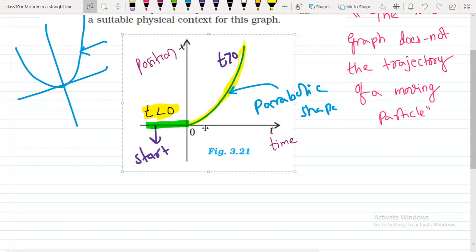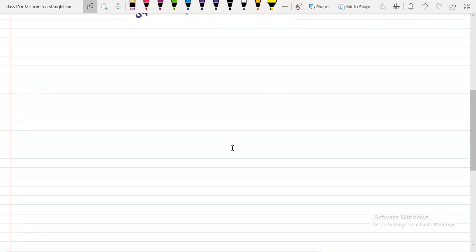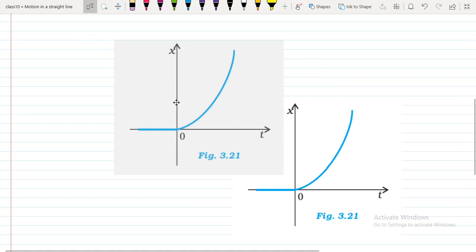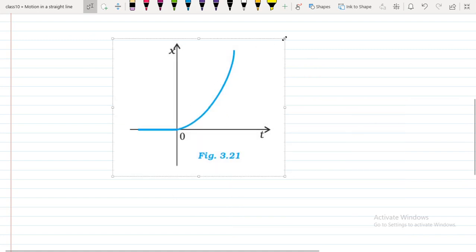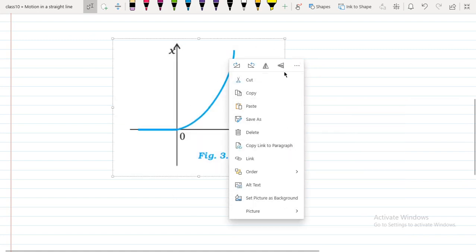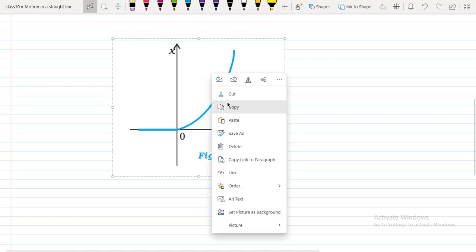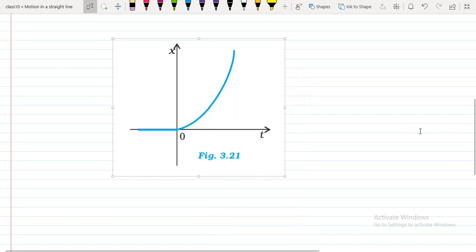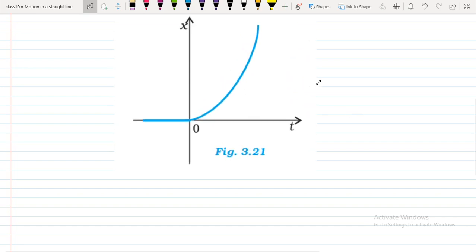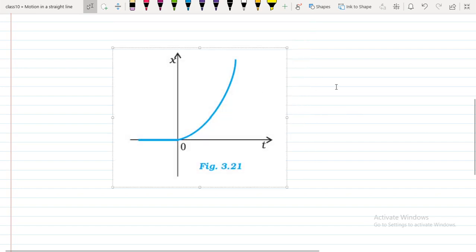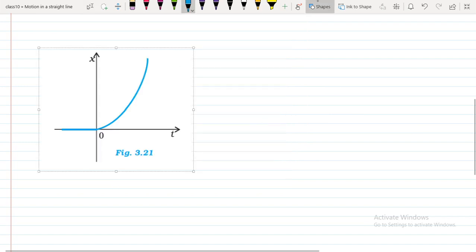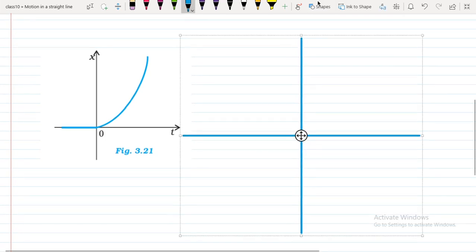If I take this graph again, it is representing something. If I flip it by 90 degrees, and redraw this diagram, this is the coordinate axis.